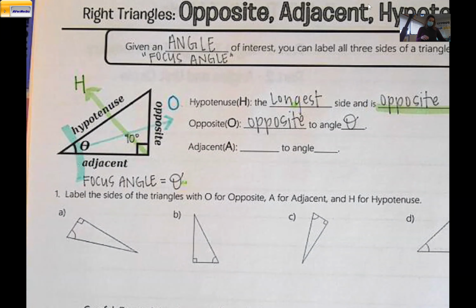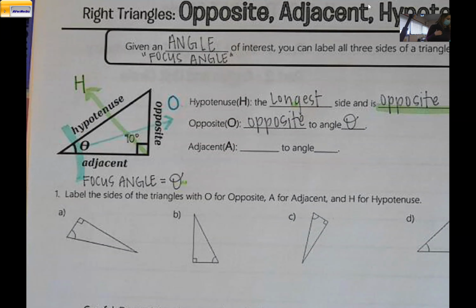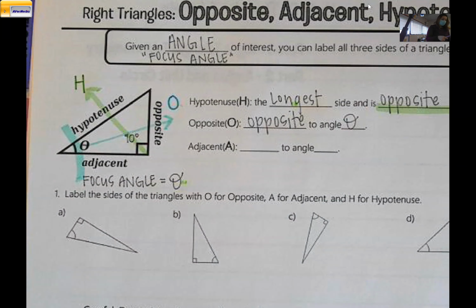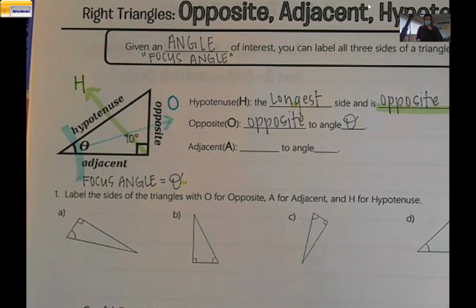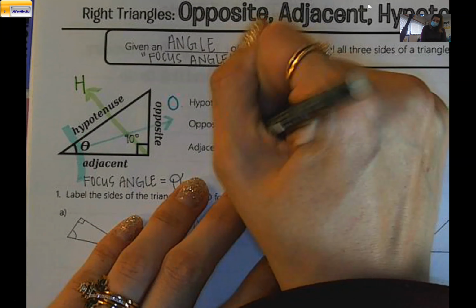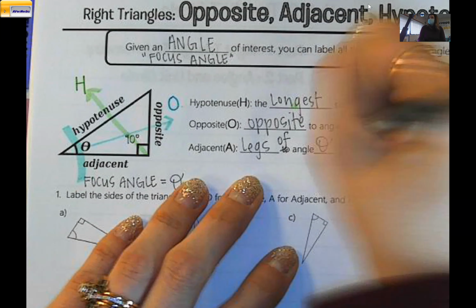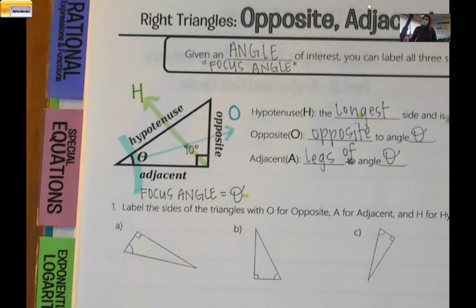The last one is the adjacent side, and for me personally, it's the hardest side to identify. The adjacent side is one of the legs of angle theta.